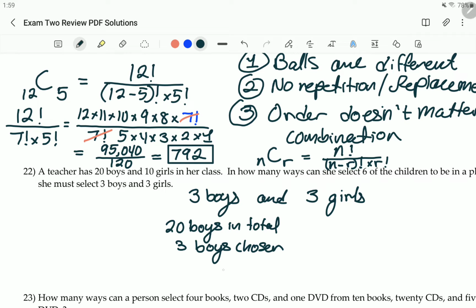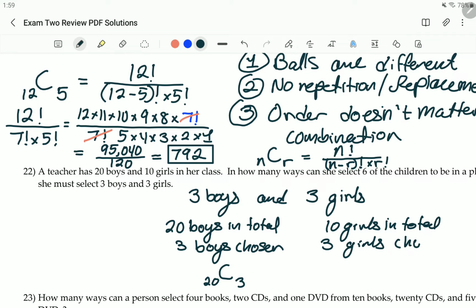For the first one, it is a combination of having 20 boys and choosing 3 when the order does not matter. When it comes to the girls, there are 10 girls in total, and you're choosing 3 girls at random.